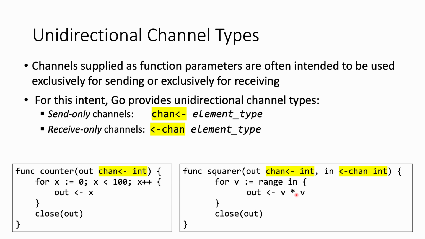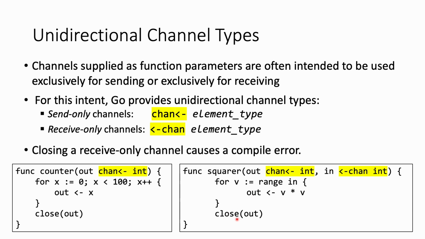The square of each value received is then sent to the send-only channel out. The channel out is closed after the loop. Closing a receive-only channel causes a compile error. So if you close channel in function squarer, it will cause a compile error.